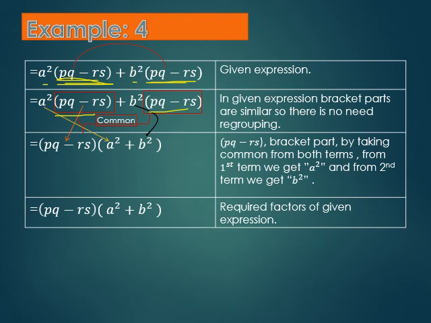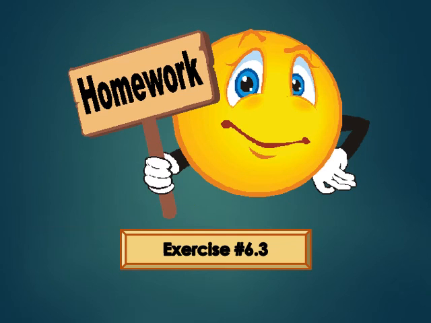So the bracket part, take it common, that is pq minus rs. From the first term, we get a square. From the next one, that is b square into pq minus rs, we get b square. So this is the second factor, that is a square plus b square. Now we have required factors as pq minus rs and a square plus b square.